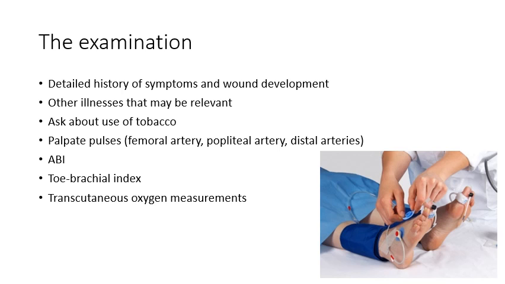I'm going to ask the patient a detailed history of symptoms, looking at intermittent claudication, how long has the patient been smoking and so on. And how did the wound develop? Was there a trauma? Is it simply a wound that won't close, or has it spontaneously opened up?